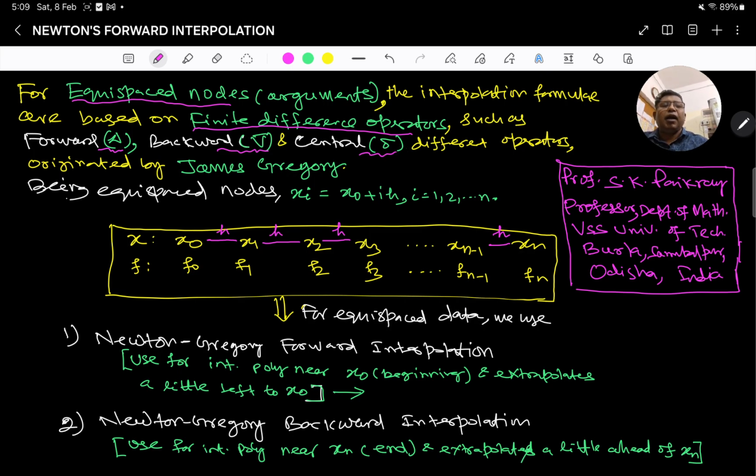These operators were originated by James Gregory. So now the interpolation based on Newton's interpolation, combining these operators, is sometimes called the Newton-Gregory forward interpolation, or simply Newton's interpolation, right?